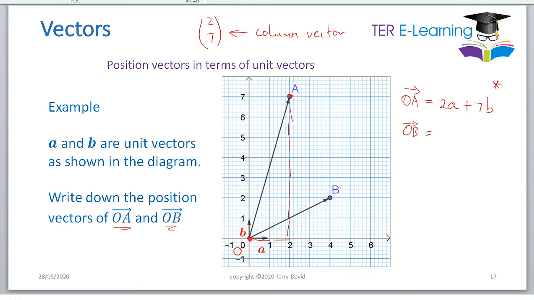So since you understand what I'm asking for, I want the vector OB in terms of a unit vector. So what is the vector OB in terms of A and B?